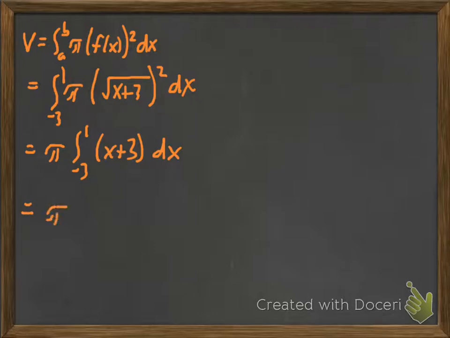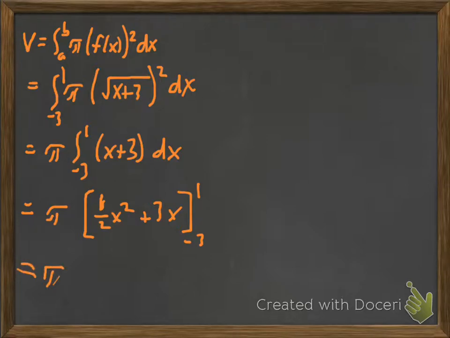And then we'll use what we know about finding definite integrals in order to finish this problem up. Let me keep my constant multiple out front. We're going to get pi times, and let's integrate x plus 3. That's of course going to give us 1/2 x squared plus 3x. And we're evaluating that from when x equals negative 3 to x equals 1. So, pi times, and if I plug in 1, I'm going to get 1/2 plus 3.